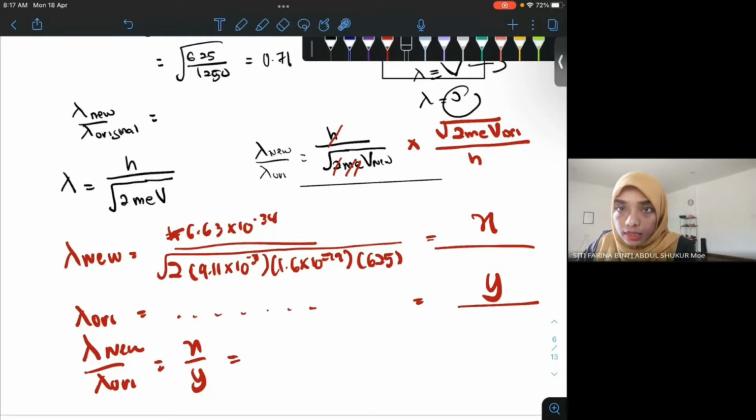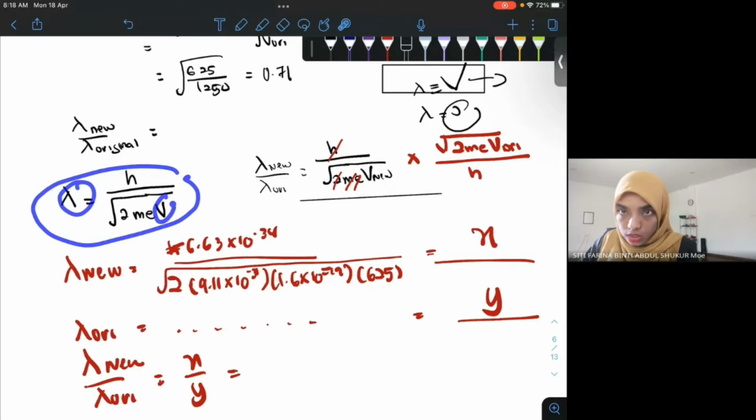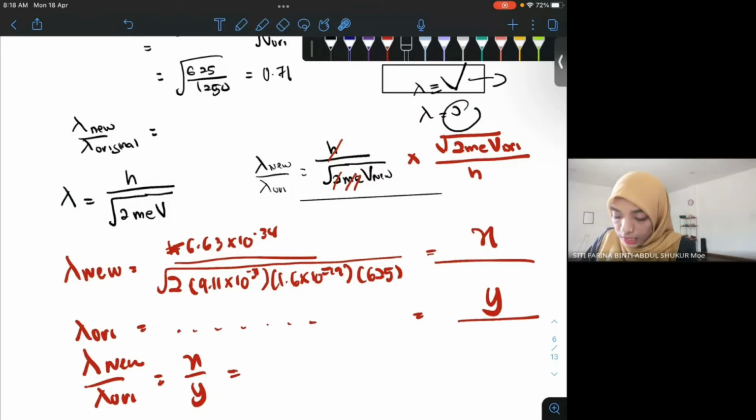Tapi yang penting kena introduce the equation that you're going to relate the lambda and the voltage here. Kalau guna velocity pun boleh. Okay, dah relate dua-dua. And then awak tunjuk yang awak cancel ataupun awak substitute masuk and then you show your final answer.